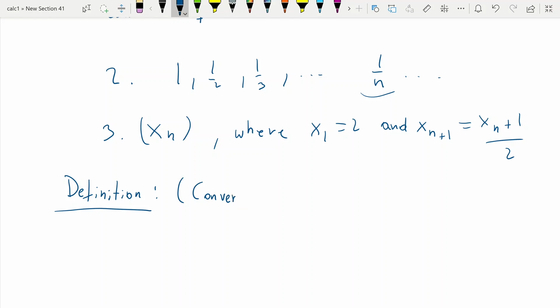And the most important thing, for mathematicians, at least for analysts, the most important concept related to these sequences is the convergence or not of a sequence.